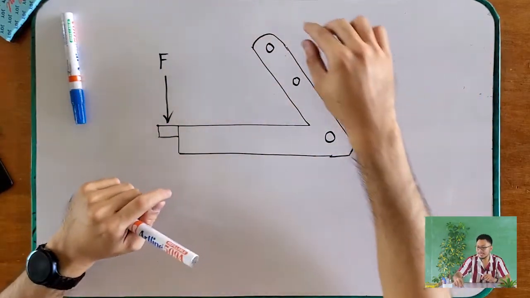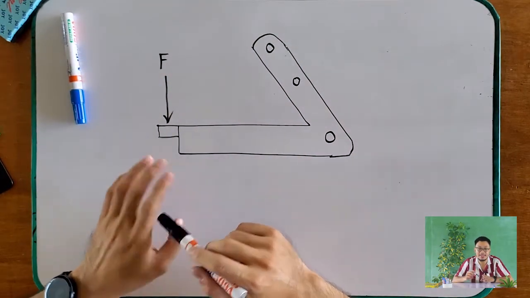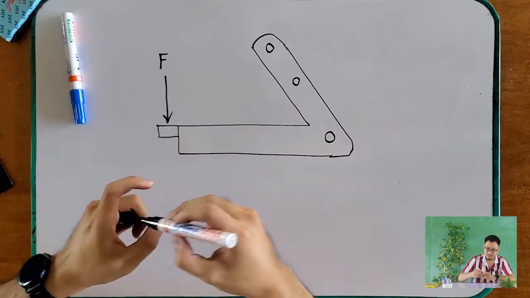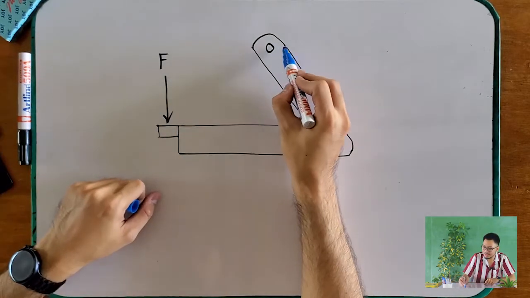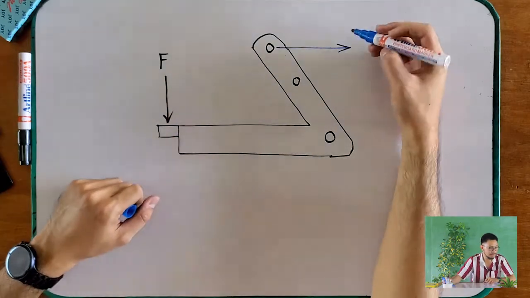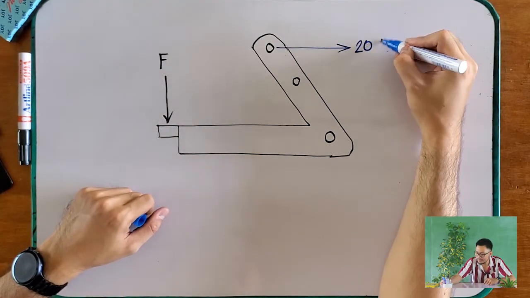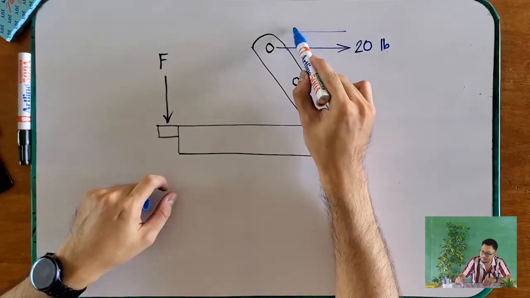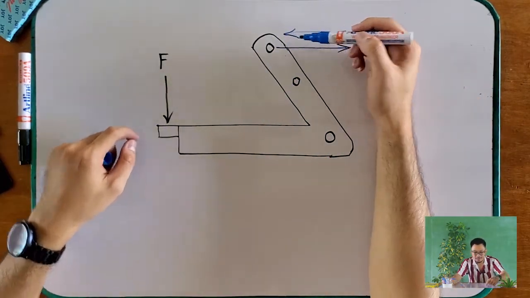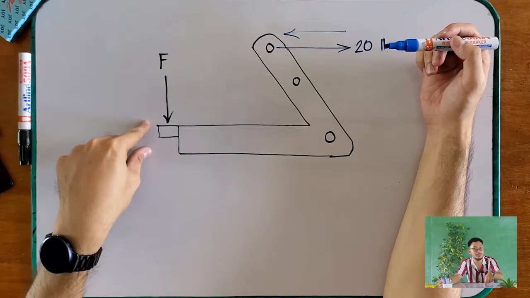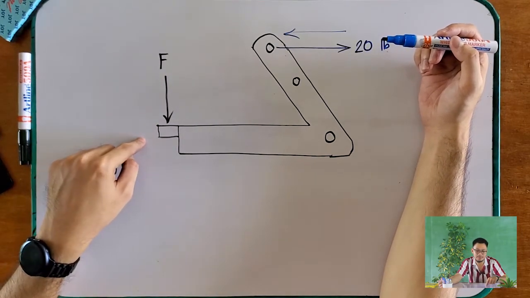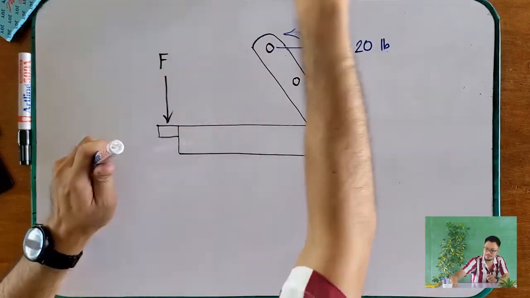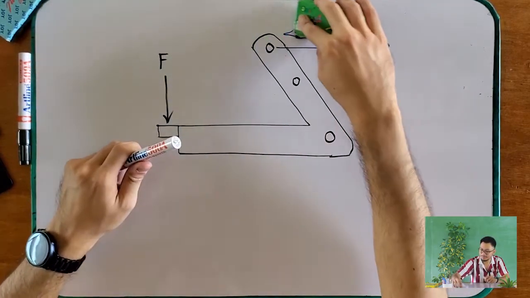So therefore, our link will also create a pulling force on our lever. So the direction of our weightless link is going there. Okay? And this is 20 pounds. It is not pointing that way, because if it did, it would no longer support our force F. It would not resist our force F. Right? Okay. So it points this way.